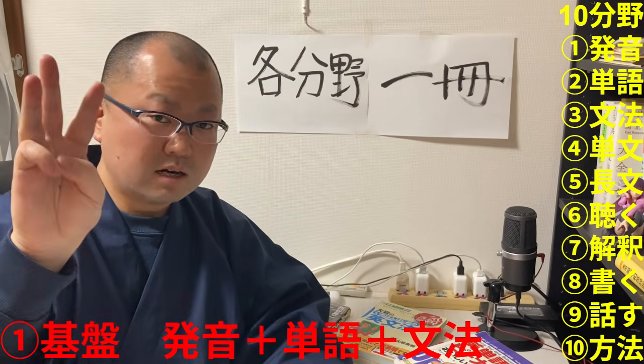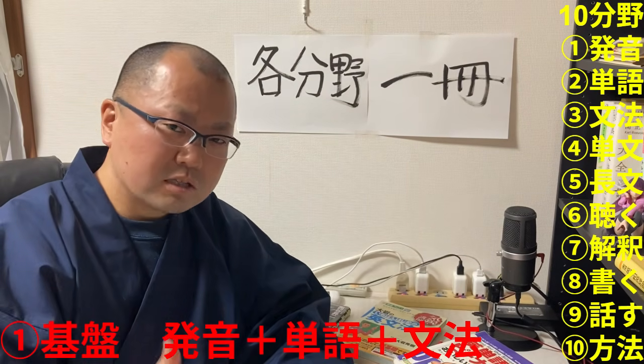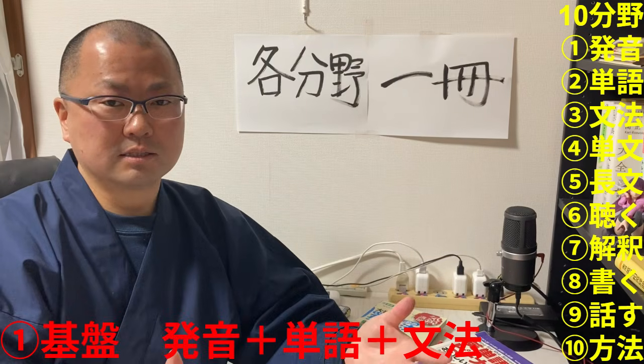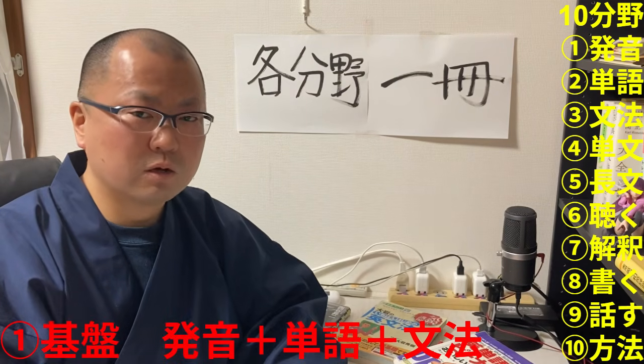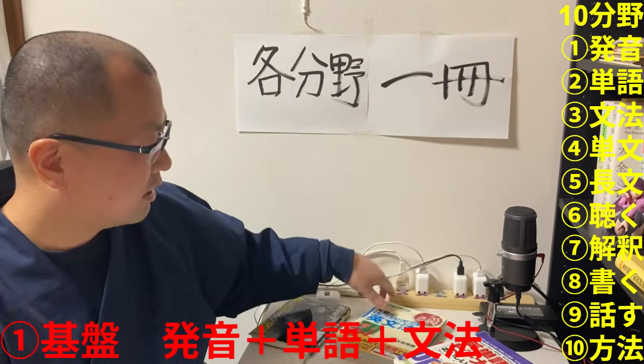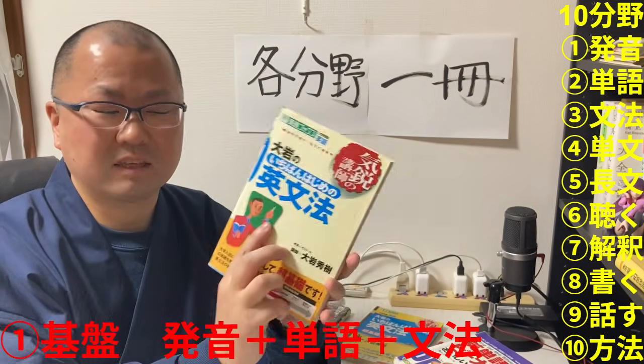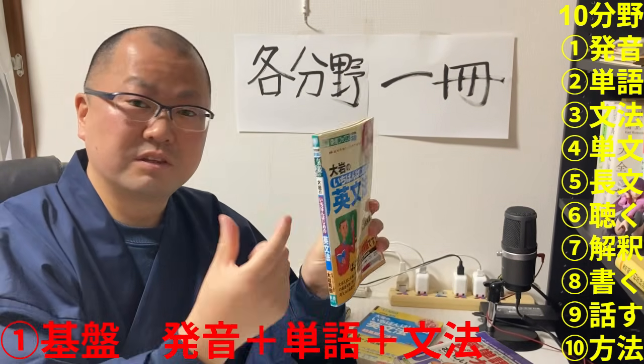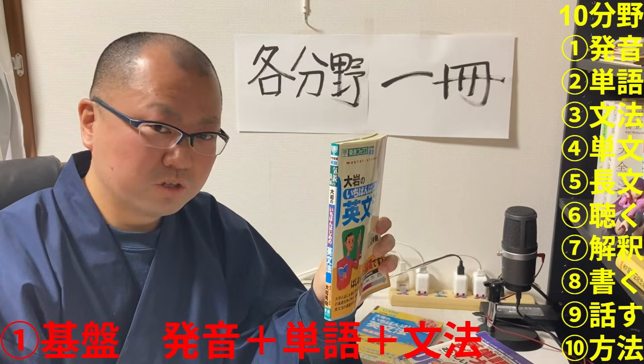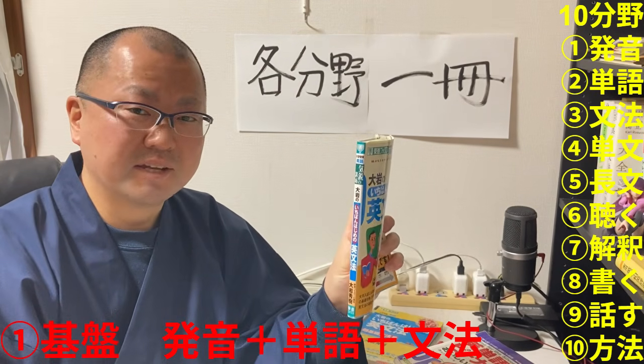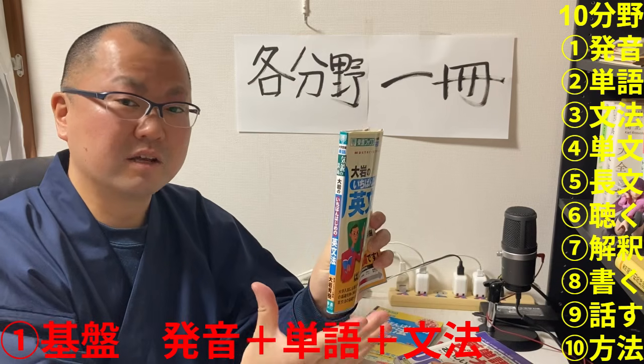And third, in order to make a sentence, you need grammatical rules. So in my case, I tried this one. Very thin grammatical book by Oiwa Sensei. Not thick, it's really thin.